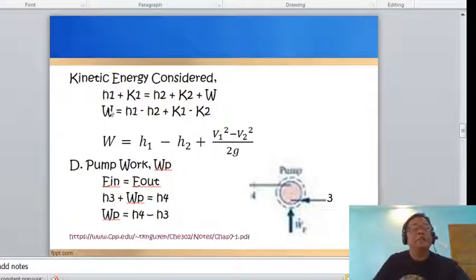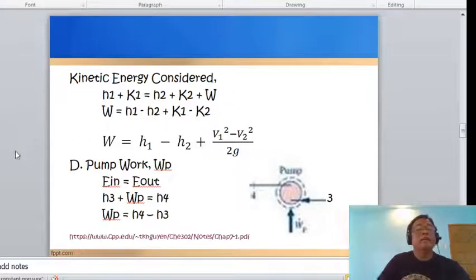But if it is in English units, it becomes g sub c. So take note of this constant of proportionality, not gravitational acceleration.